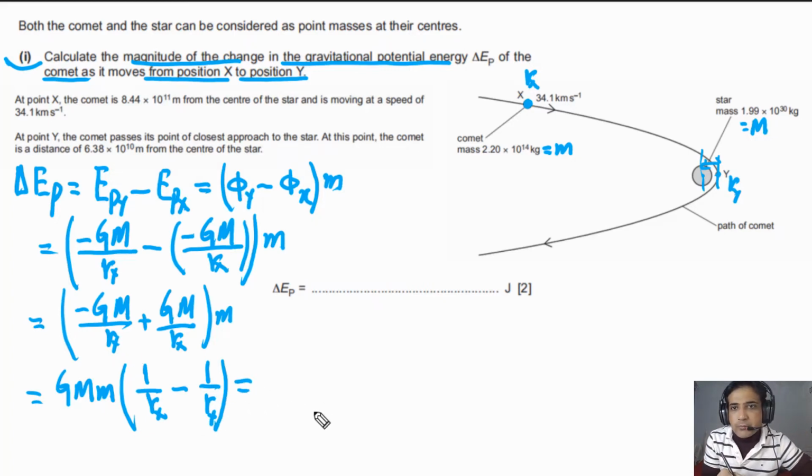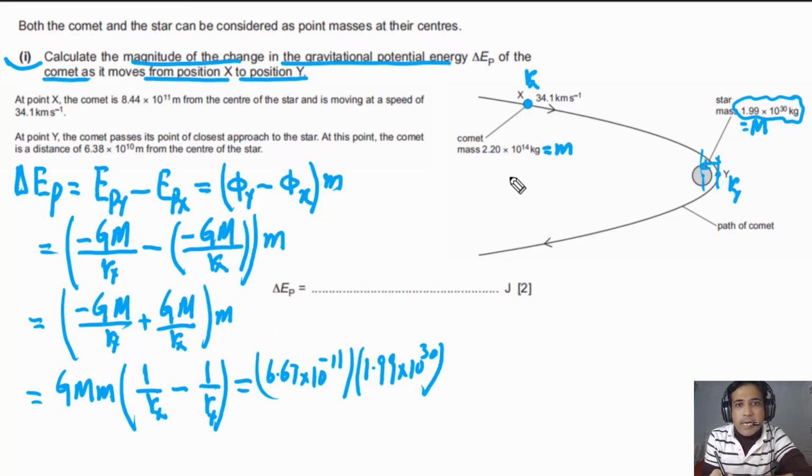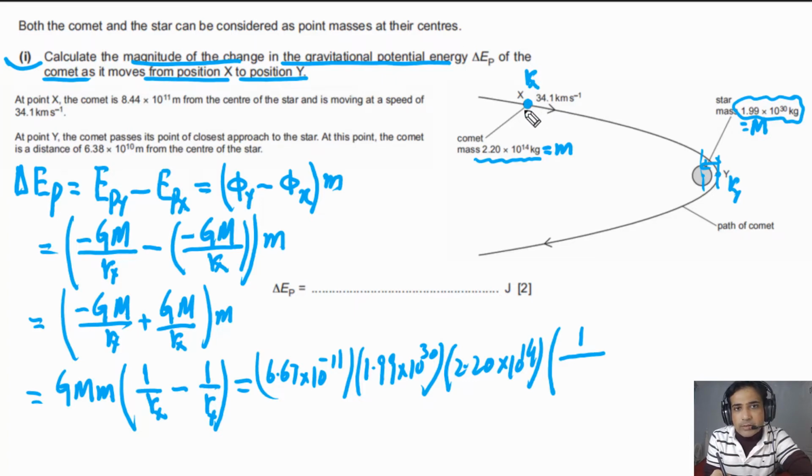In this case, the value of G is 6.67 times 10 to the negative 11, and this has to be multiplied with the mass of the star, which is given here. So the mass of the star is 1.99 times 10 to the 30 kg, and small m is the mass of the comet. Mass of the comet is 2.20 times 10 to the 14, and we have to multiply this with 1 over r_x. r_x is the distance of the comet when it is at point x.